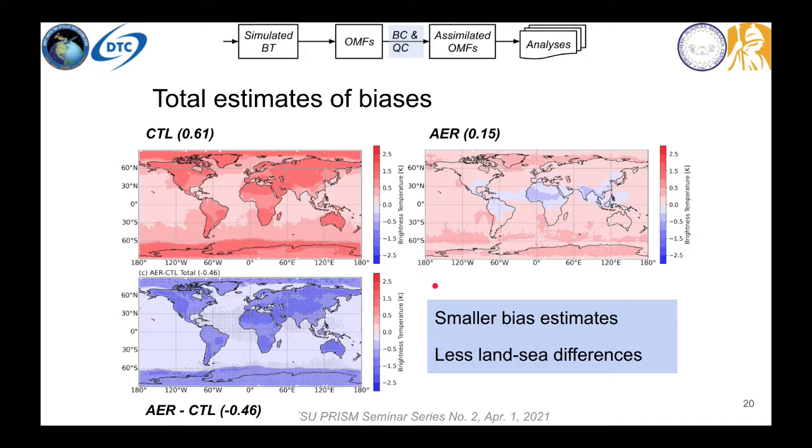So the first thing that will be changed after we consider aerosols in CRTM is the brightness temperature simulation.